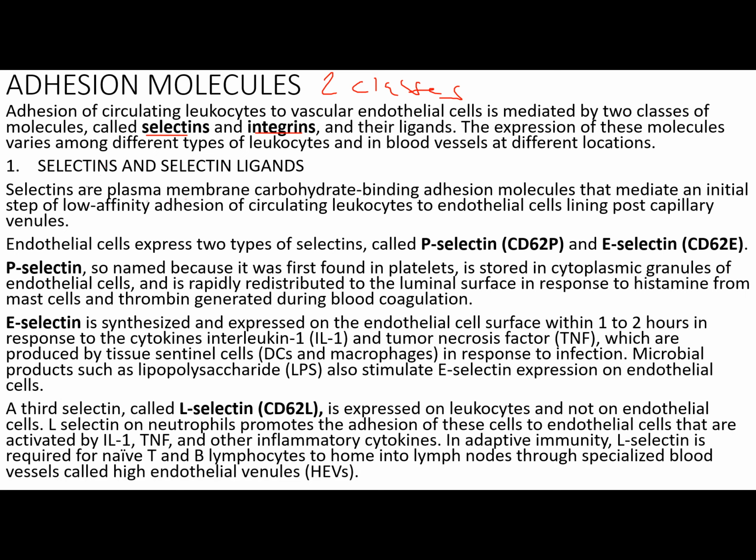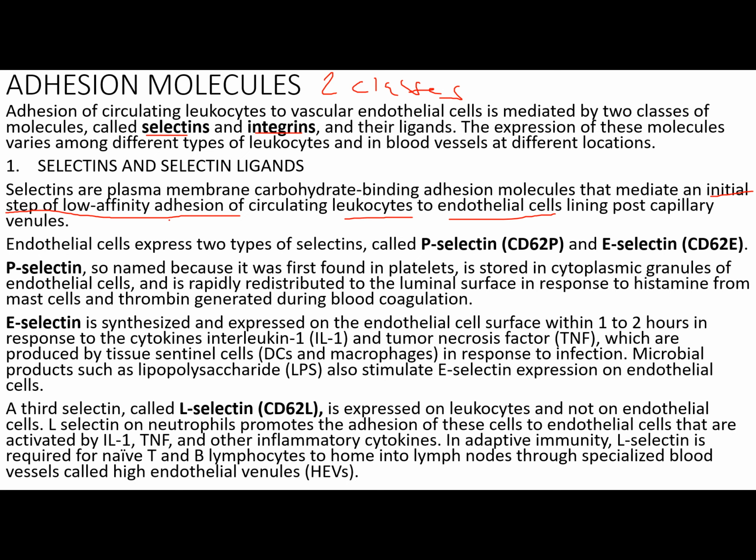So let's talk about first your selectin and their ligands. Now, selectins class are plasma membrane carbohydrate binding adhesion molecules that mediate an initial step. Please remember this, an initial step of low affinity adhesion of circulating leukocyte to endothelial cell lining post capillary venule.